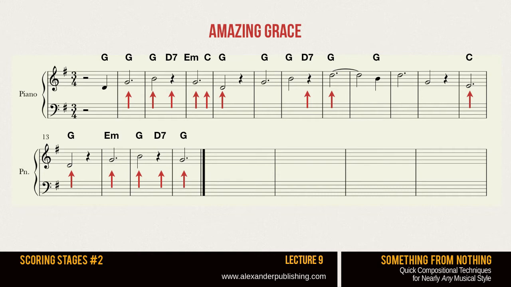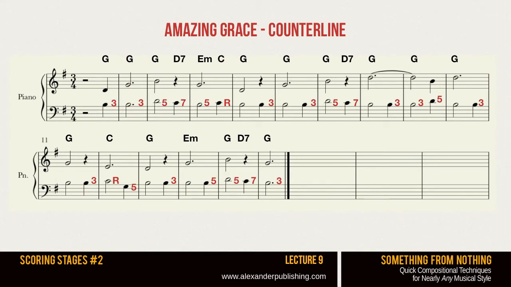Following the chord changes, next up is a counterline. Now you see the guide tone line of the melody and a line below it that follows the rhythm of the chord changes. So how did I create the line below? Well, what you're looking at here is actually a double guide tone line. The top line outlines the melody.